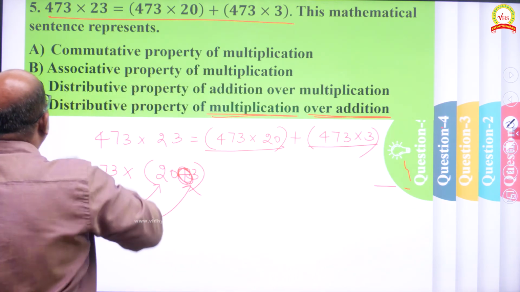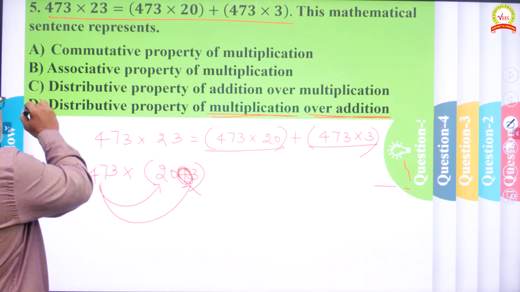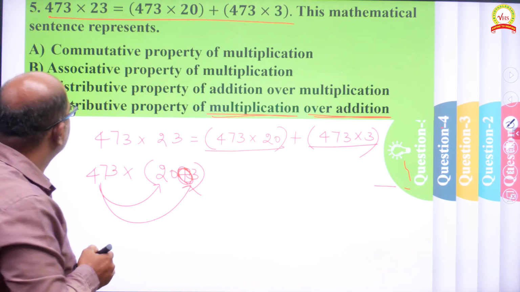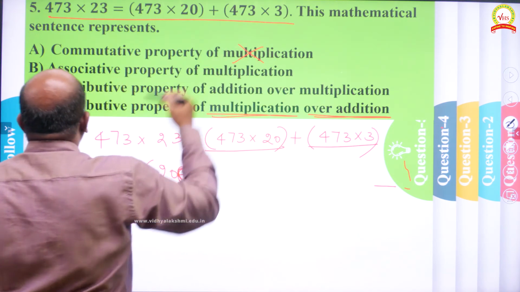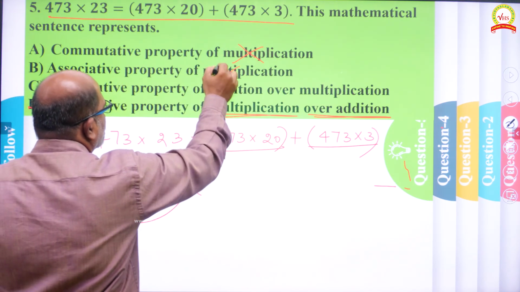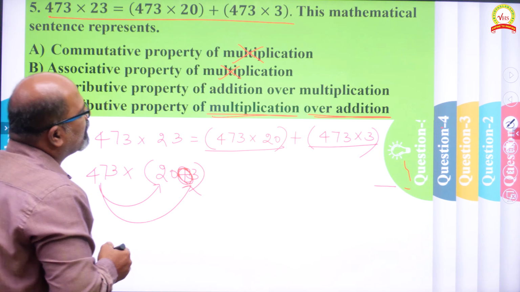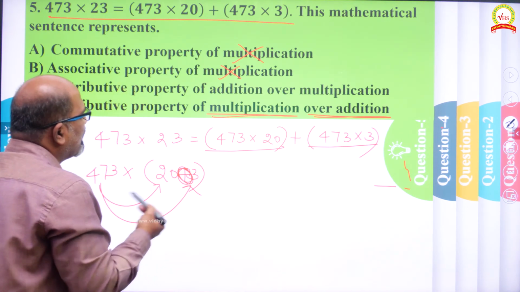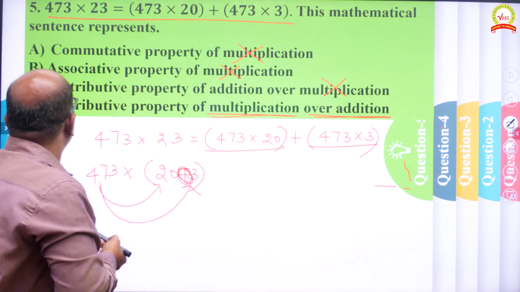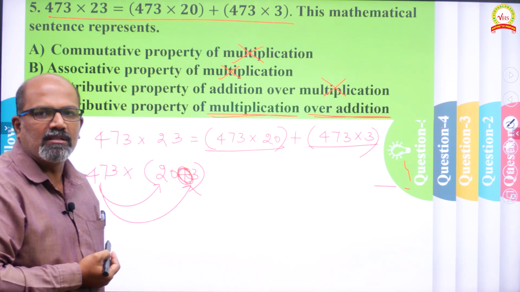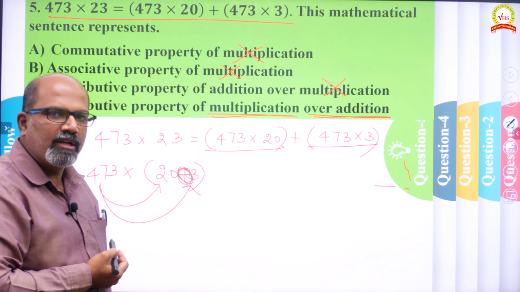Yes, option D is the correct one. Whereas option A is commutative property, definitely not. Associative property, no. Distributive property of addition over multiplication, we do not have a distributive property for addition over multiplication. So option D is the correct answer, the only correct answer.